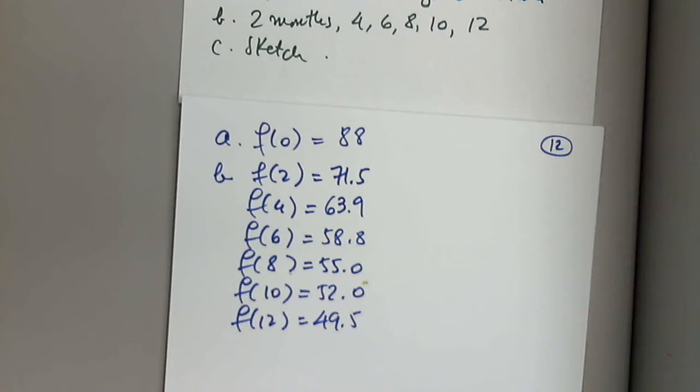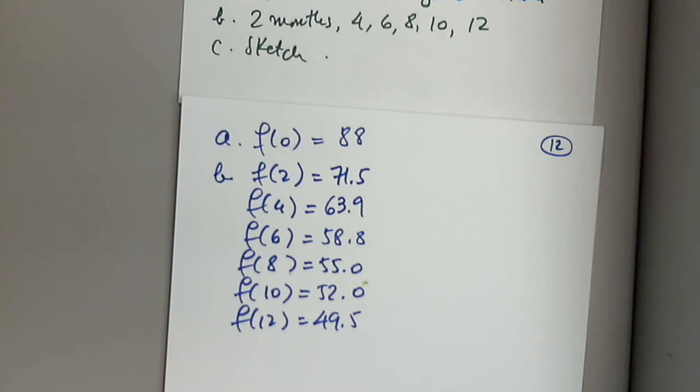So let's graph it. Let's go to the viewing window. At the viewing window, we want x to be where? What is x in our problem? 0 to 12.